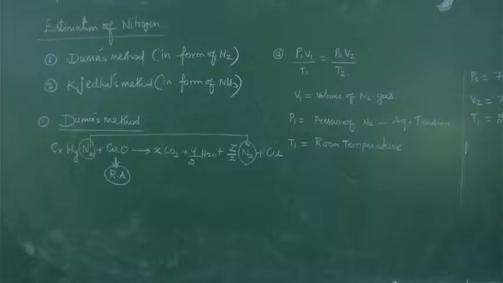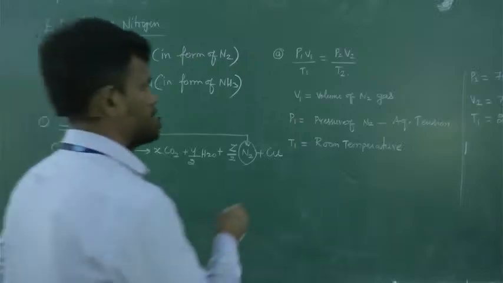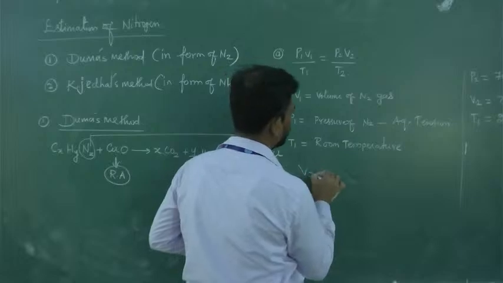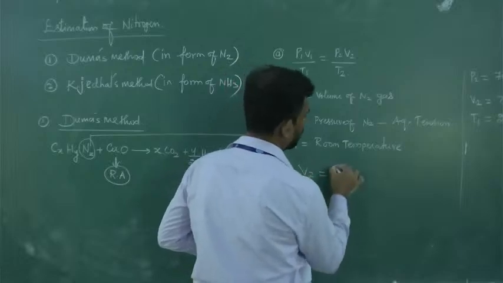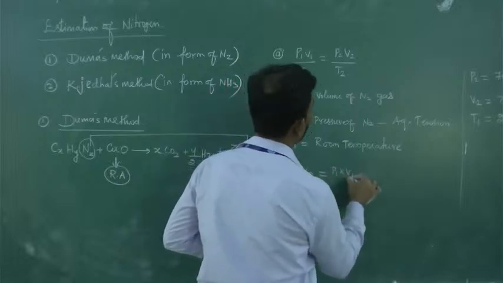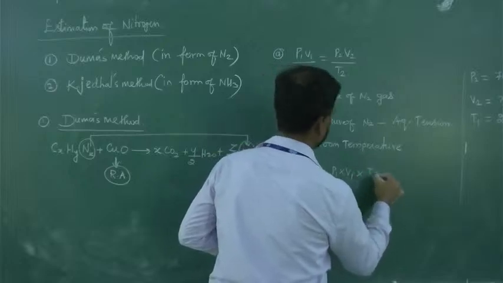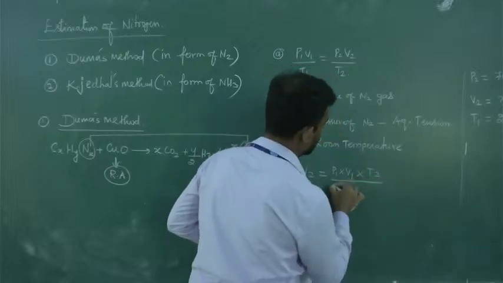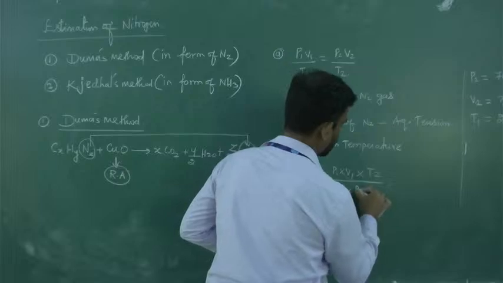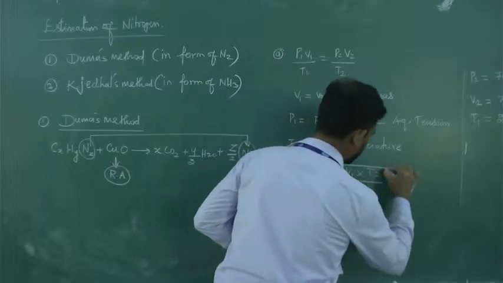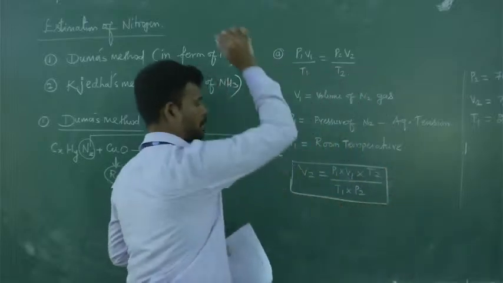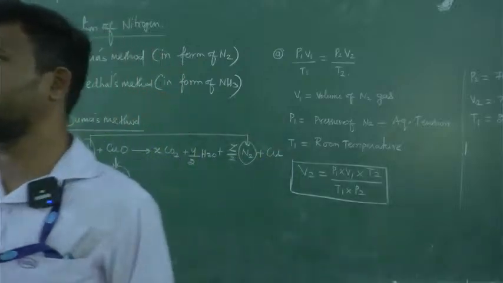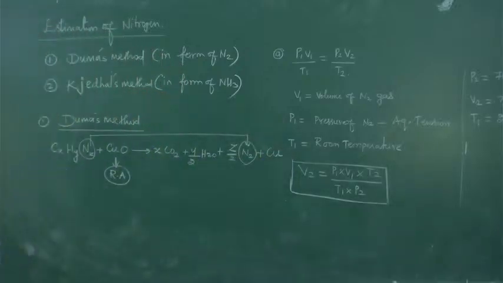So this is the formula for the Dumas method. Is it clear? Here we can calculate V2 is equal to P1 V1 T2 divided by T1 P2. So we have to calculate V2 here.